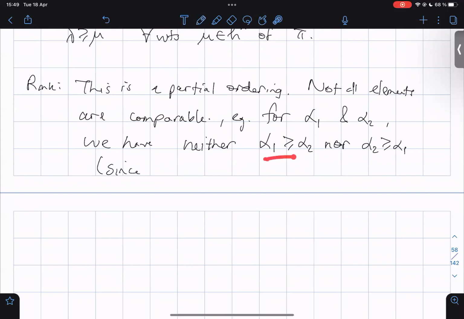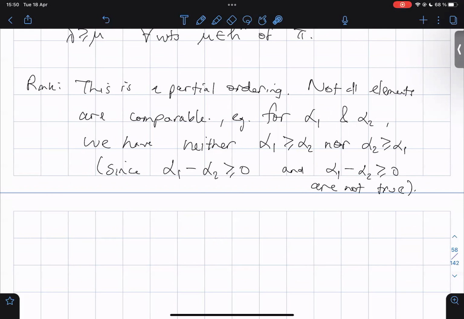Why? Because if you had this, that would mean that alpha 1 minus alpha 2, since this is not true, and this is not true. What am I supposed to do if I want to compare two things?